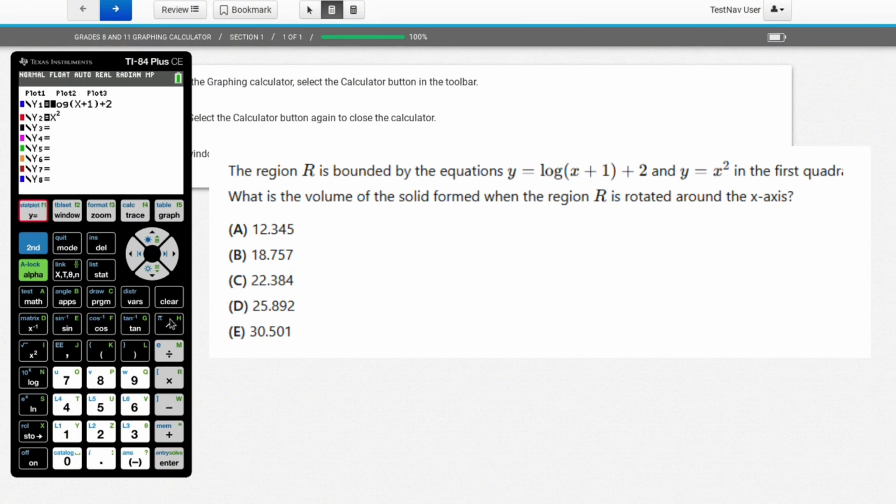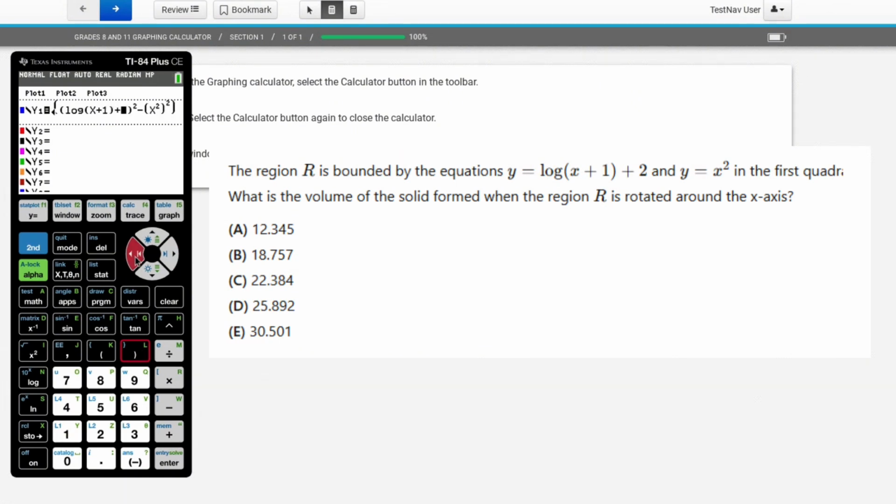Let's go back here. I don't need this anymore. Clear, clear. Now I'm going to throw pi in front of everything. Pi, then parentheses, parentheses, log of (x plus 1), close it, plus 2, close it, square it, and then minus x squared, close it, square it, and then close it one more time.